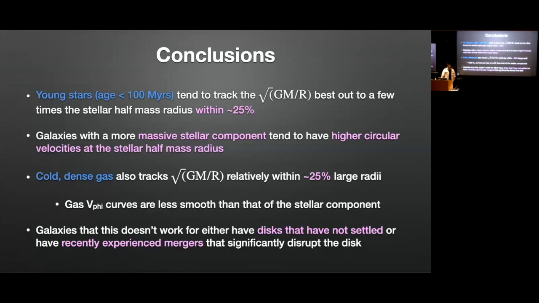Do you have any idea why that is happening? No, I'm not too sure exactly why that is happening. I guess in the outskirts we do have more of the gas that is not following the disk. We're talking more about that gaseous halo. But yeah, I don't have too much. Okay. Thanks.